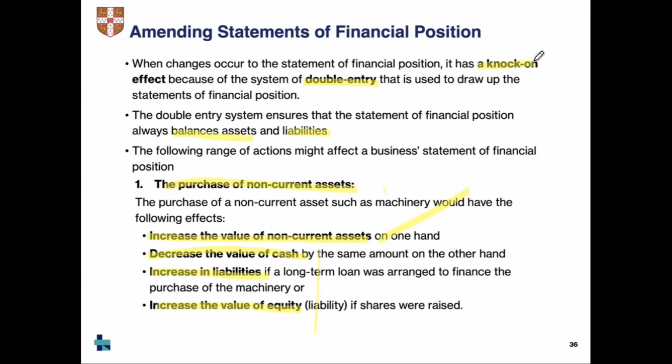What causes the assets to increase? How was it financed? It means that either we took a loan or we issued equity, we issued shares, and this is what is causing our assets to increase. If our liabilities are changing, it is also affecting something else somewhere. It's very important to always remember that. All right.